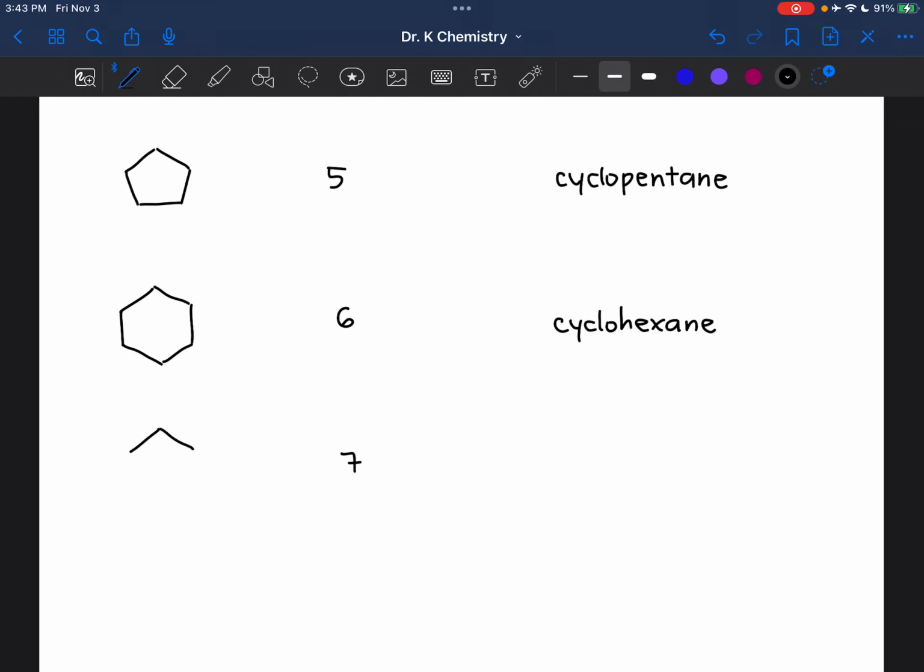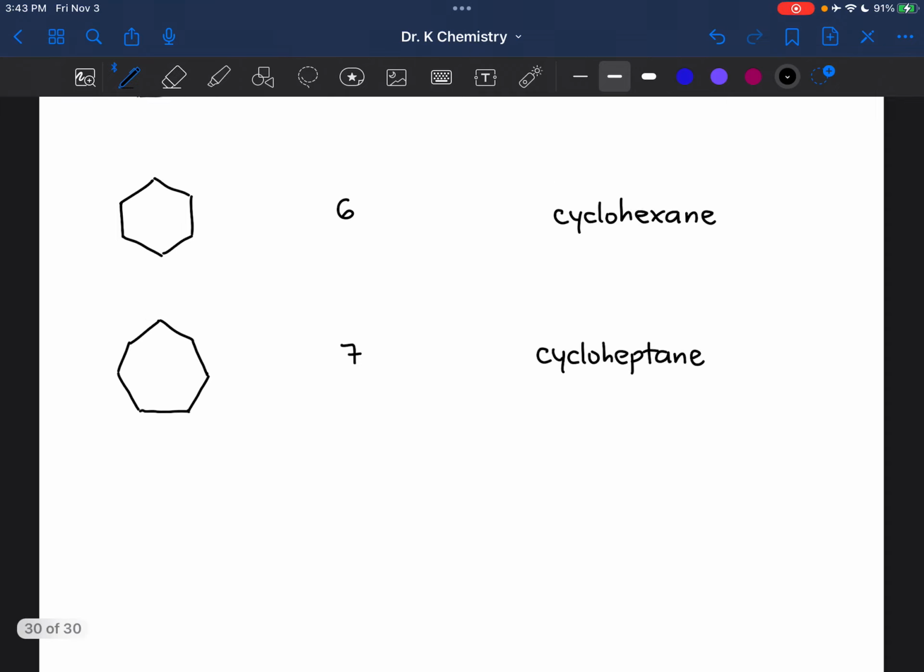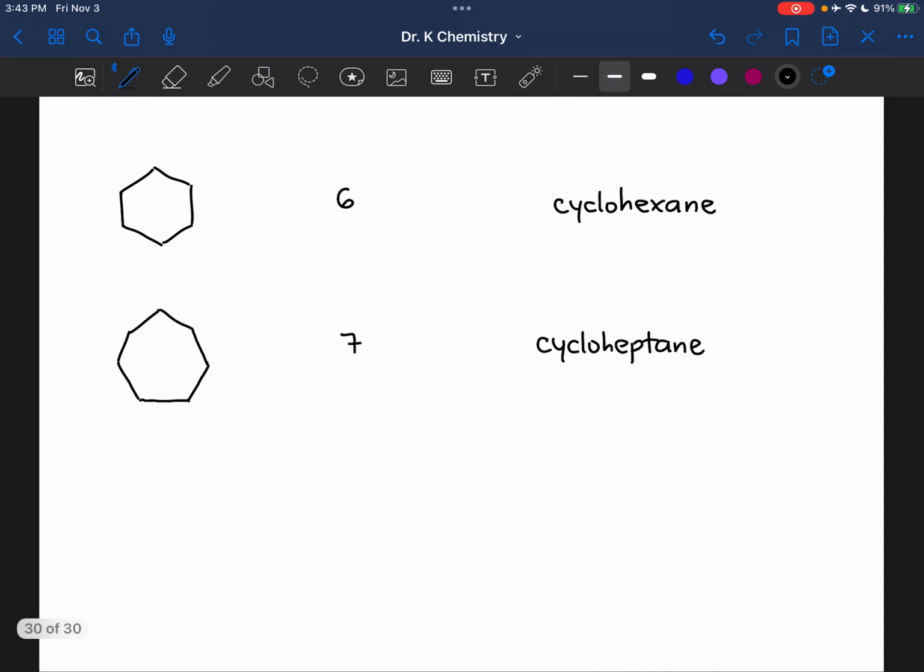If there are 7 carbons, this one's a little trickier to draw, so I extended it out over here to be a little bit wider, and then I bring it back in at the bottom. I will call that cycloheptane. So these are the same alkane names we saw earlier. They just have the prefix cyclo to indicate that they are cycles.